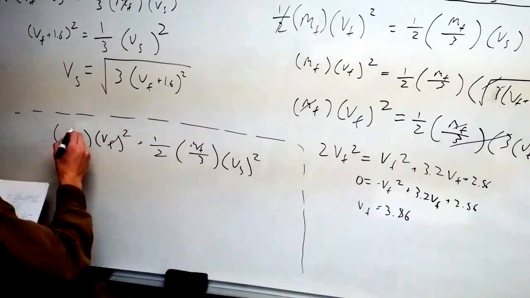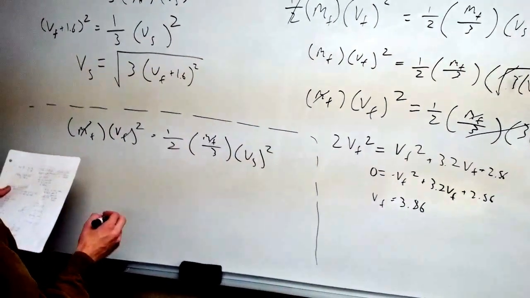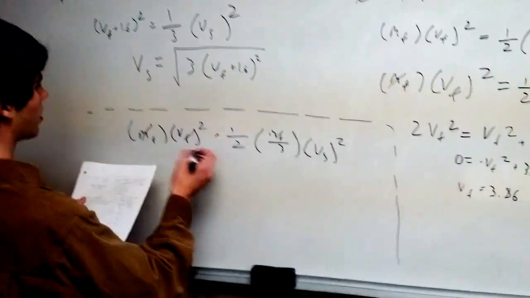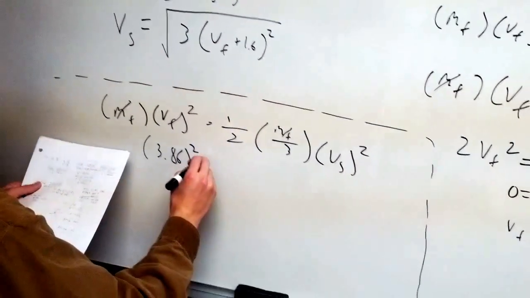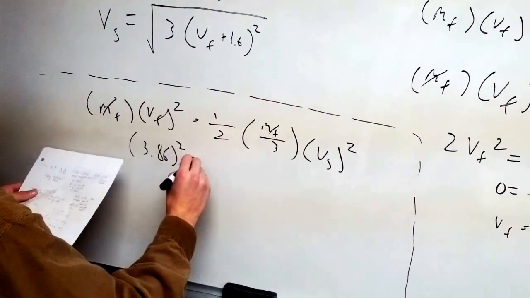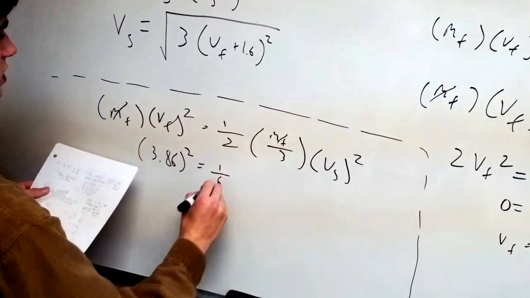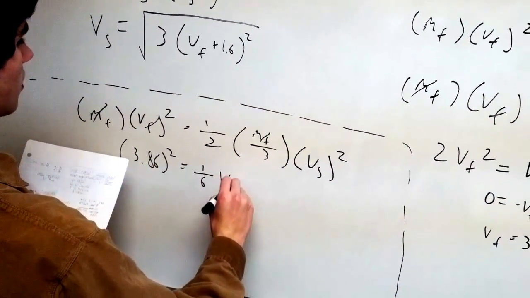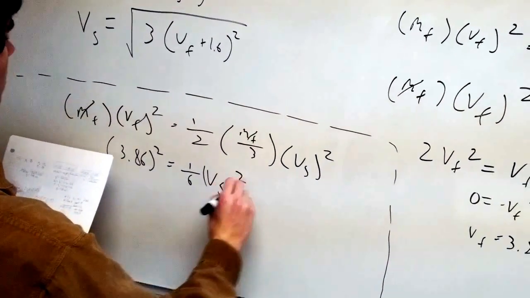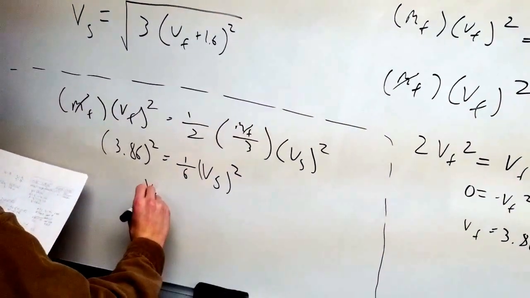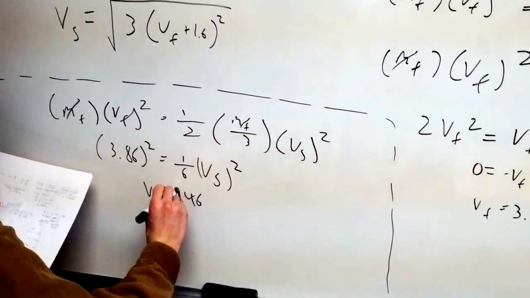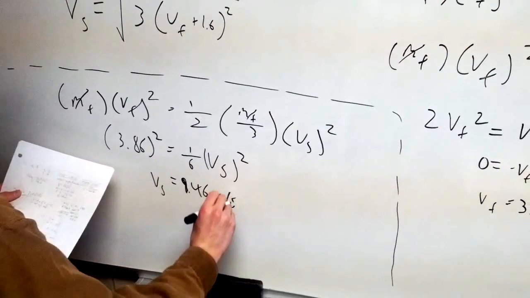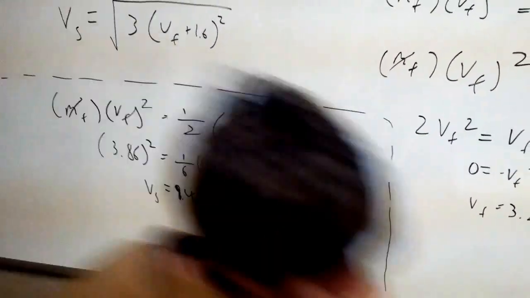So these masses again will cancel, and if we plug in what we know, which is 3.86 squared equals 1/6 the velocity of the son squared, we get that the velocity of the son equals 9.46 meters per second. That is it.